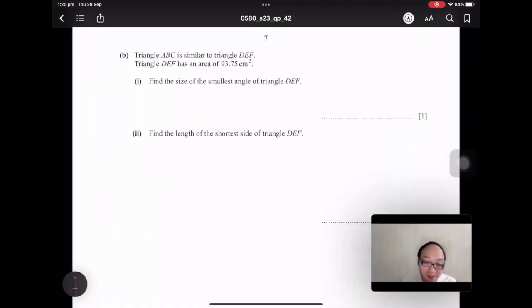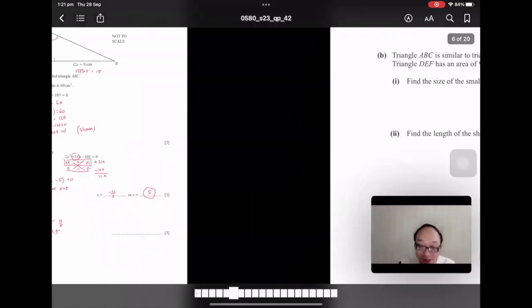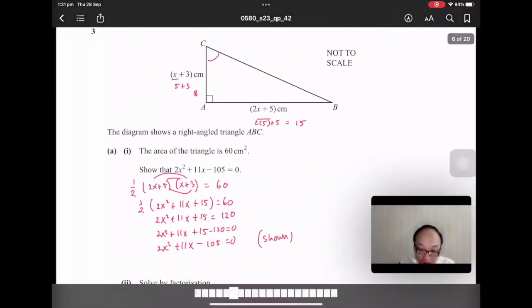Triangle ABC is similar to triangle DEF. Triangle DEF has area of 93.75. Find the size of the smallest angle of triangle DEF. So if ABC similar to DEF, that means the angle will be the same.